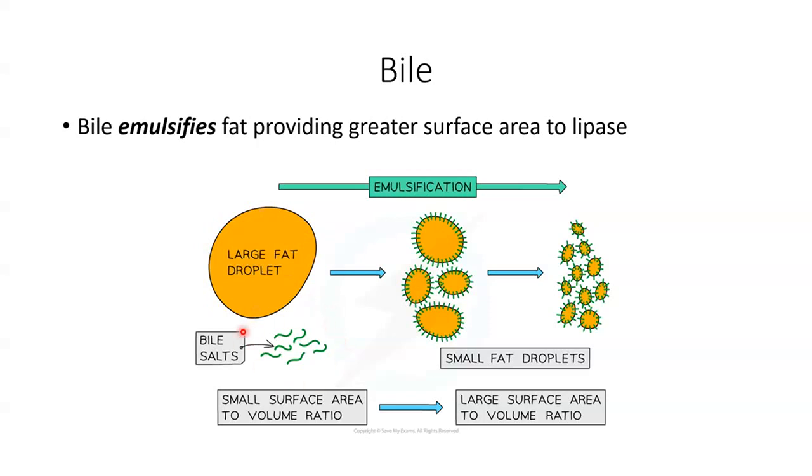We have bile, which is made up of bile salts and a number of other ingredients. It breaks our big fat droplet into smaller fat droplets and then smaller again. We now have less fat in the middle and a greater surface area that the lipase can then attack, which makes it much more effective in breaking the fat down.